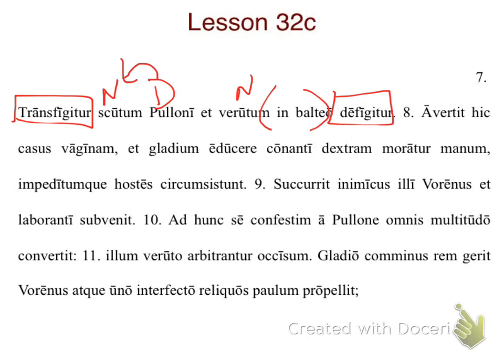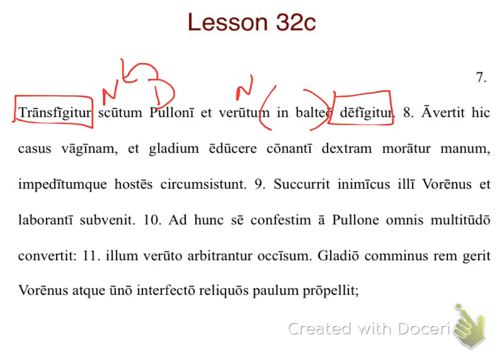Shield's your subject. Mm-hmm. Is being thrust and was being fastened.